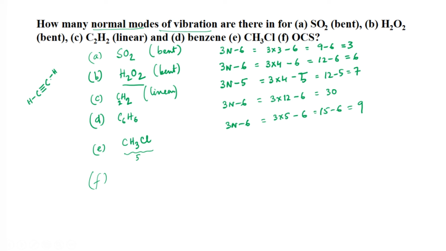And the last molecule we have is OCS. Again, this is a linear molecule like CO2. So, we have 3n minus 5 normal modes. So, 3 times 3 minus 5. So, 9 minus 5. So, there are 4 normal modes.